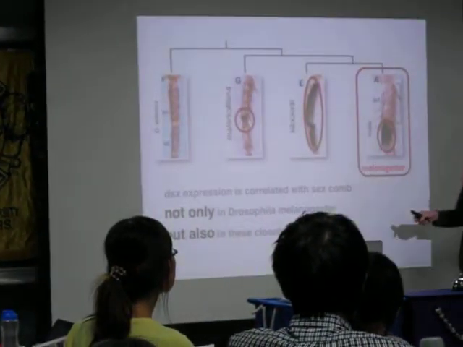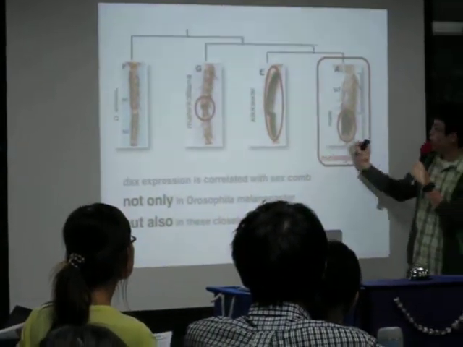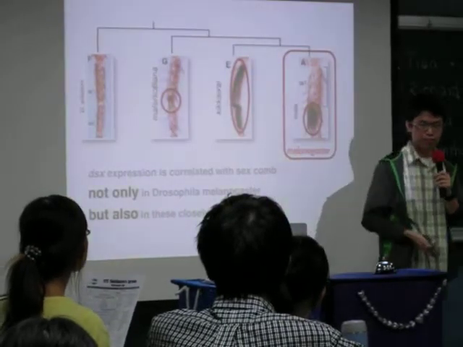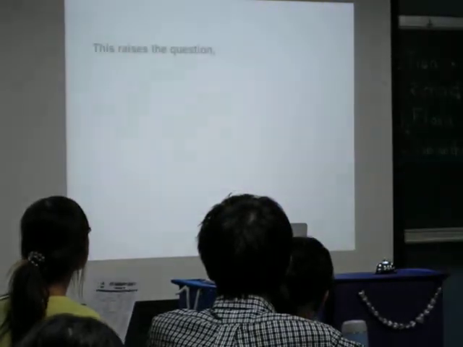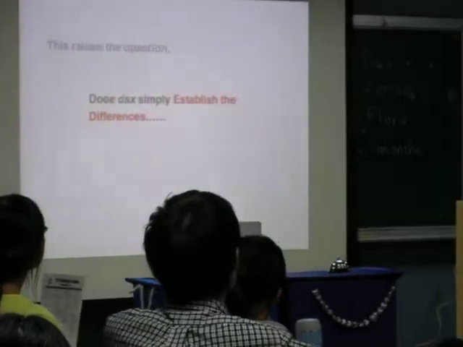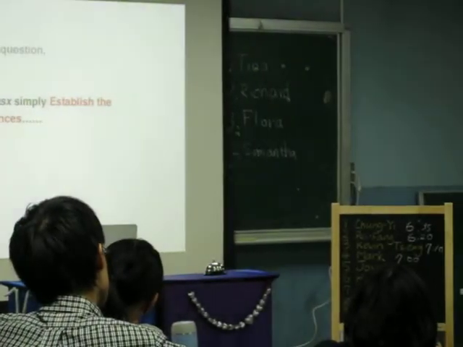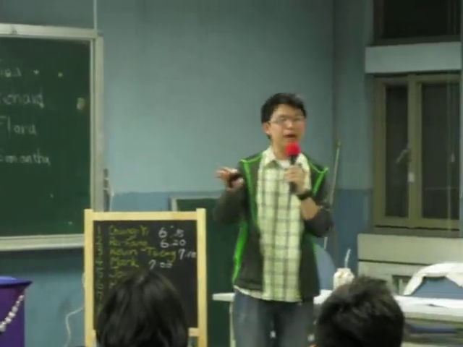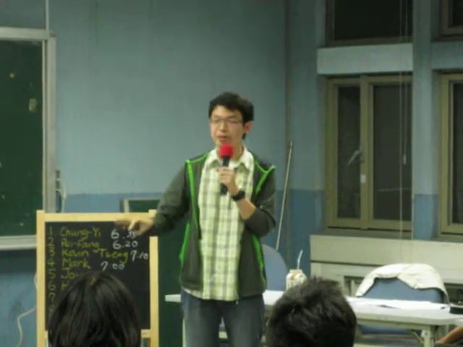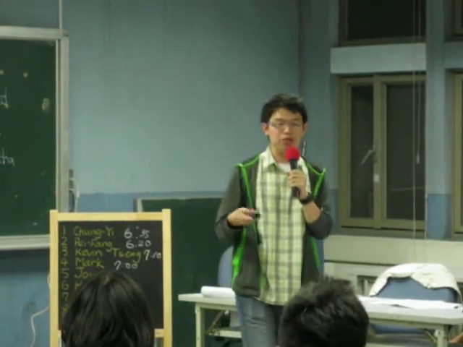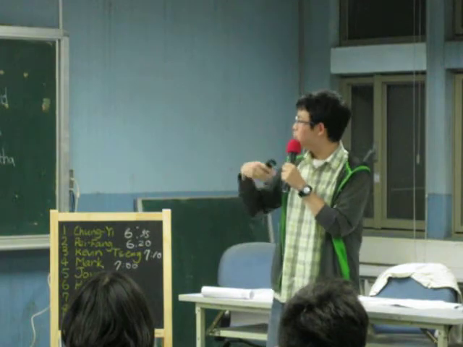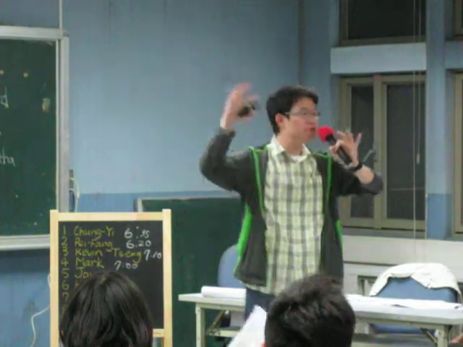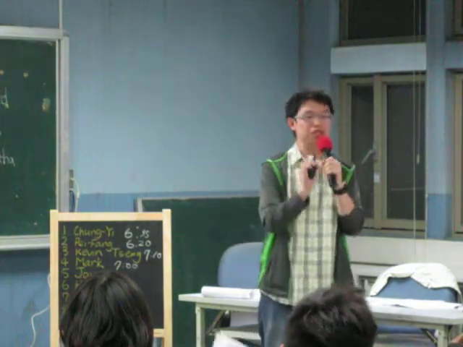And we can also find that the sex comb form is quite diverse and looks different. So here the question arises: does the doublesex gene simply establish the differences between the opposite sexes, males and females? Or does it actually do more? It may play a role in global, full-scale control of gene expression.